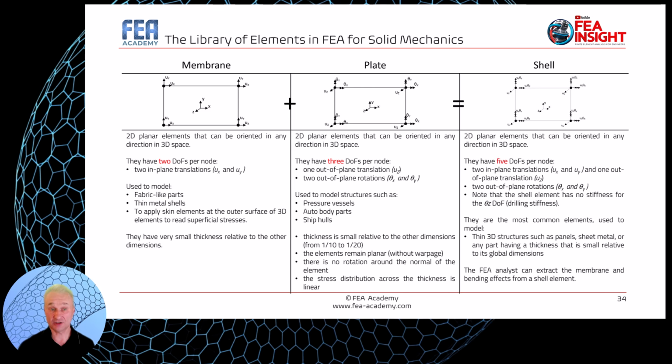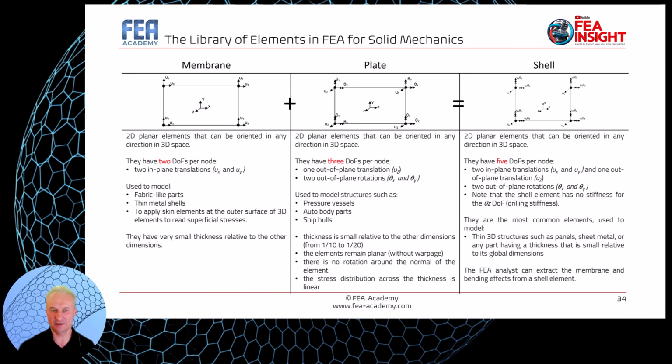And finally, the shell, which is a combination of the plate and the membrane, in the sense that the shell has basically all the capabilities of the membrane and the plate: the 2 in-plane translations, the 1 out-of-plane translation, and 2 out-of-plane rotations.